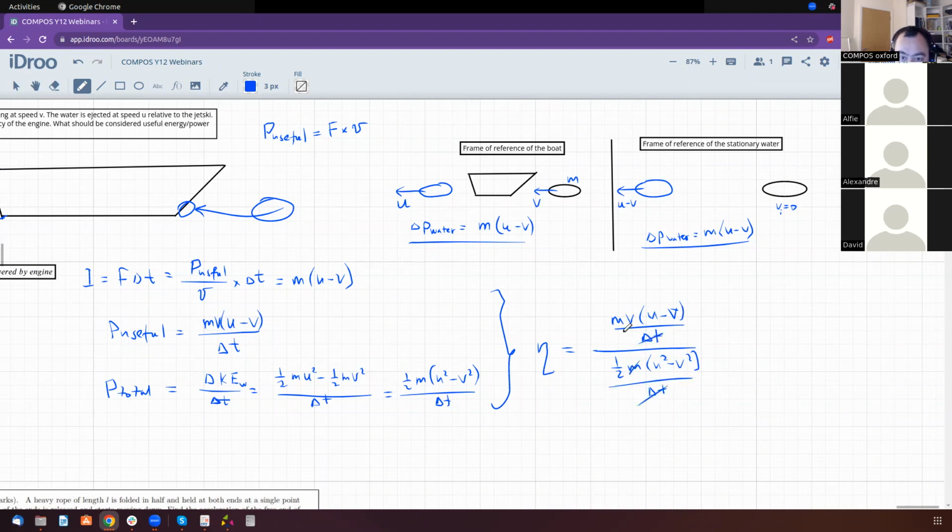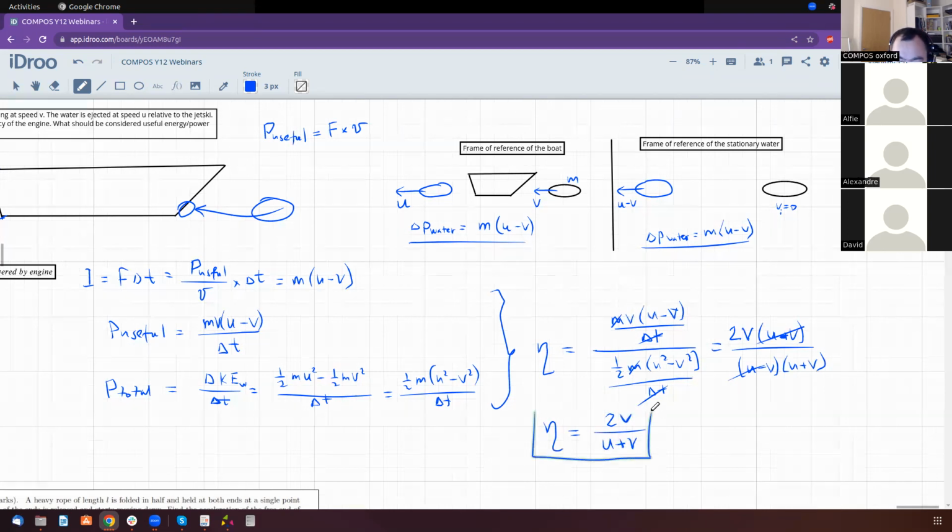Delta t cancels, m cancels. So what are we left with? We have v (u minus v), divided by 1/2, so this 2 goes up. And then you have u squared minus v squared, which is (u minus v)(u plus v). You cancel that, and you have the efficiency of the engine is 2v divided by (u plus v).